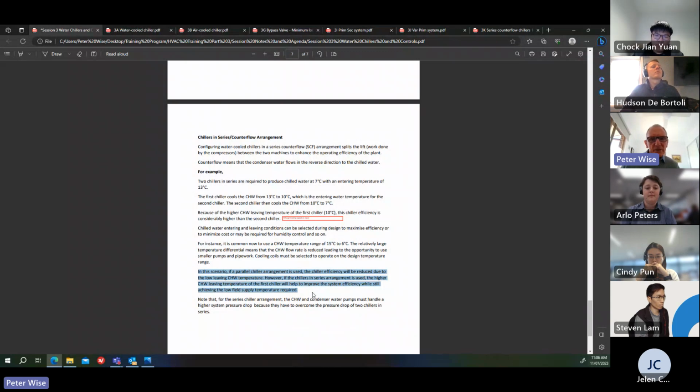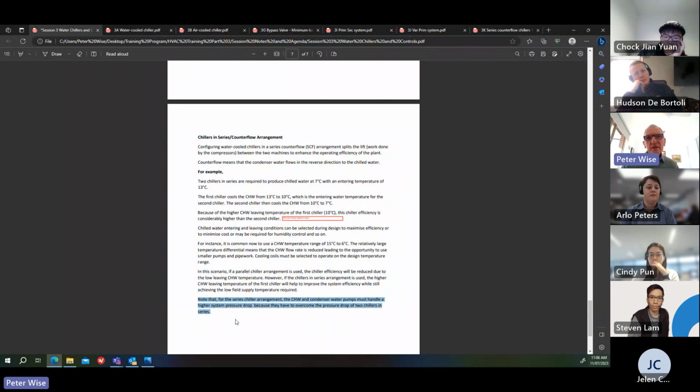But if you look at chiller efficiencies, change the leaving temperature, you will see that the efficiency goes up as the leaving water increases. However, the field is still going to require, say, 6 degrees or 7 degrees water for the system to work properly. So you need to have them in series. This is not common, but it is a good energy efficiency thing to look at if you're assessing different types of systems.